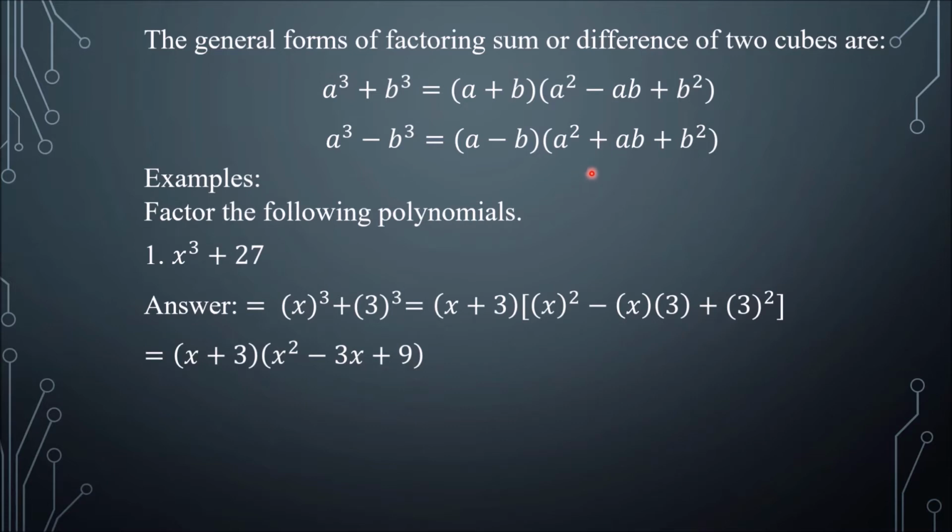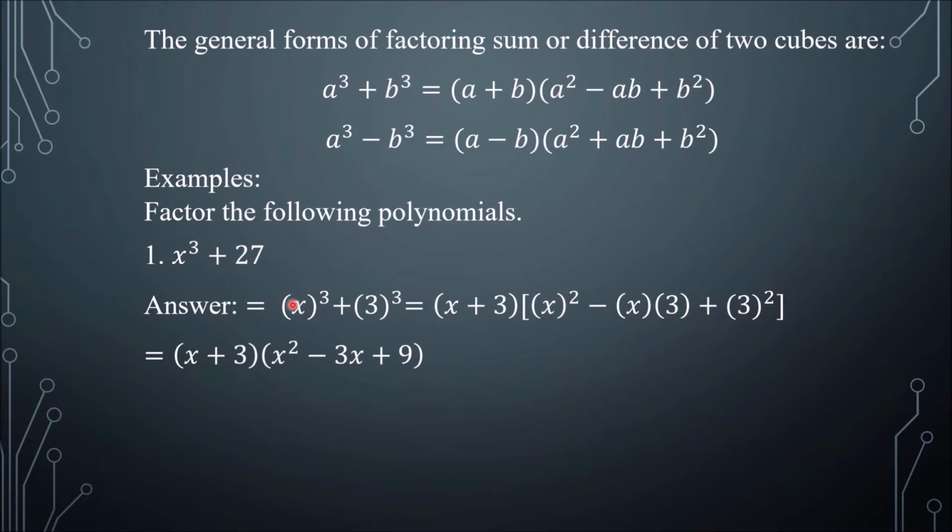Now let's have an example. Factor x cubed plus 27. First we need to know if this is a sum or difference of two cubes. As you can see, x cubed is a cube, 27 is 3 cubed. So this is a sum of two cubes. Now following the general form, we need to find a.